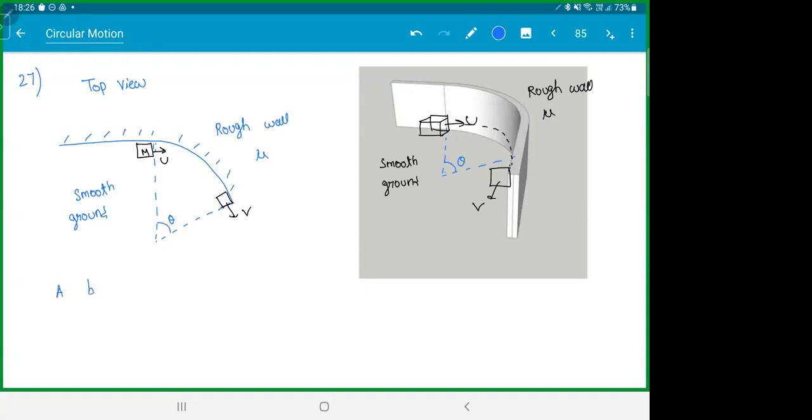So a block enters a curve and slides on the rough vertical wall. It enters with speed u and leaves with speed v. Find v.